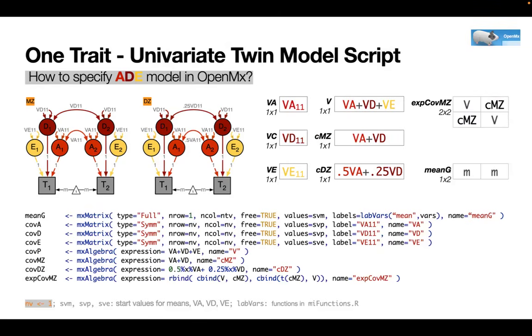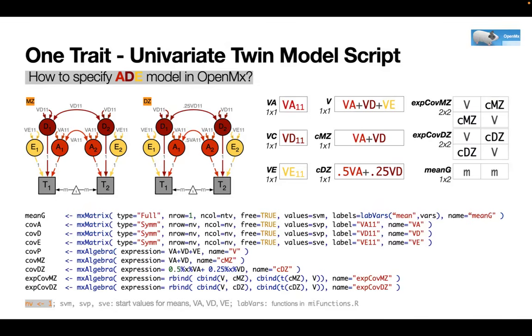Now, our expected covariance matrix for either the MZs or the DZs is a 2x2 matrix, which we generate by using the cbind and the rbind commands in R to put together these 1 by 1 matrices into a 2 by 2 expected covariance matrix for MZs and DZs.